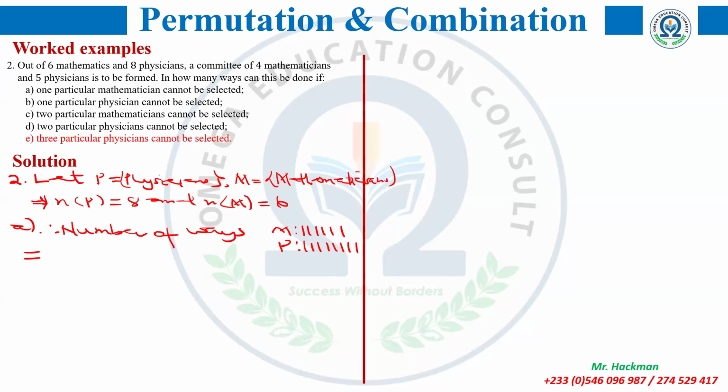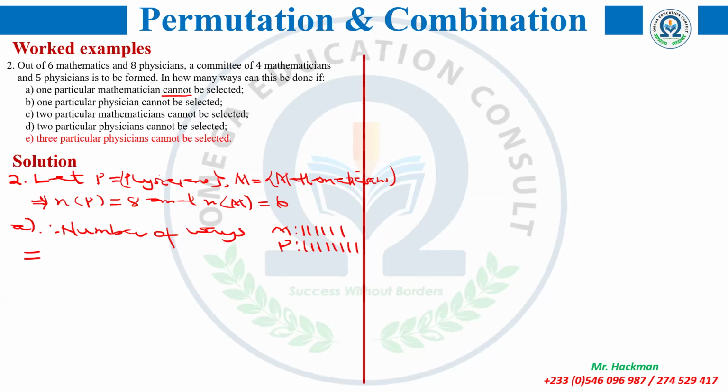Yes, please. Now let's see. The condition is that one particular mathematician cannot be selected, so it is negative. Is that clear? Yes. Just like, let's say you are going for intercore, and your class is supposed to go, let me take Adoma's class, but for whatever reason Adoma cannot go.